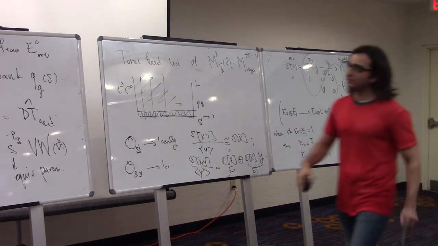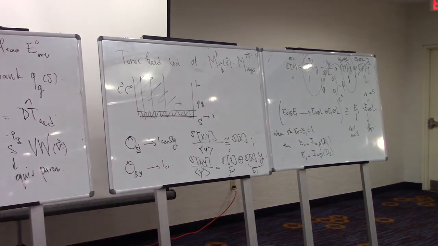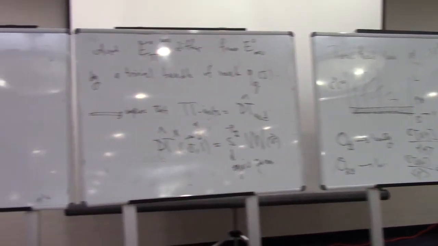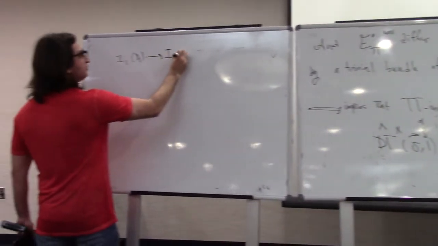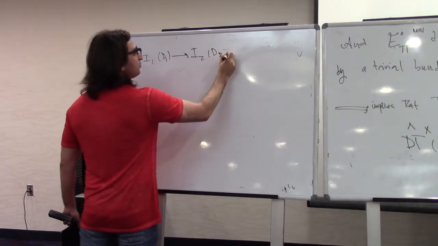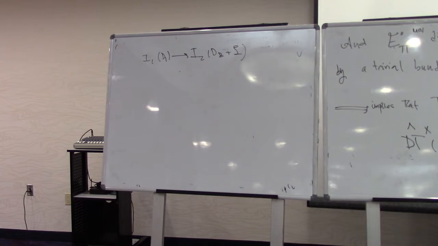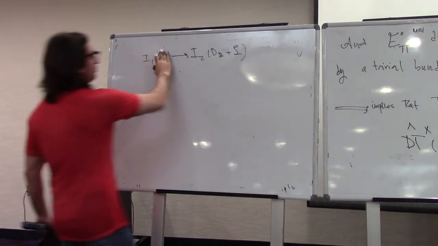And so this is telling you that the torus fixed loci of your Higgs pair moduli space are given by flags of twisted ideal sheaves. So you have I1 twisted by D1 goes to I2 twisted by D2, together with this twisting by L, which comes from the threefold. You can also put the twist all on one side.